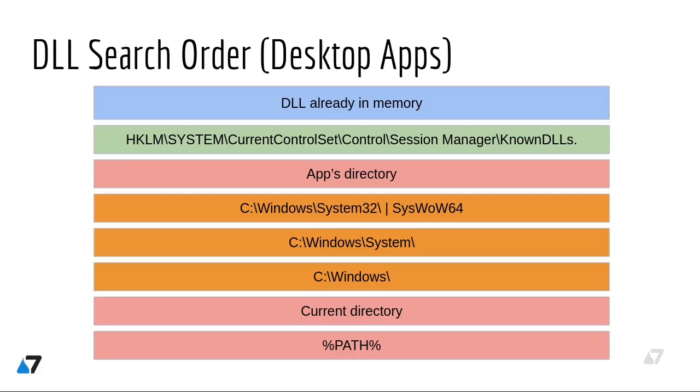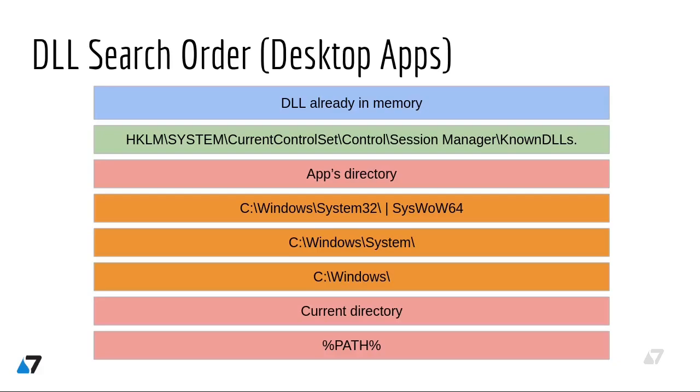Then check system folders like Windows\System32 for 64-bit processes and Windows\SysWOW64 for 32-bit apps. Then Windows\System and Windows folders. And finally, check the current directory and all the folders from the PATH environment variable. So that's the search flow.